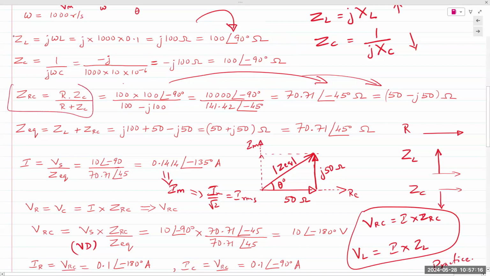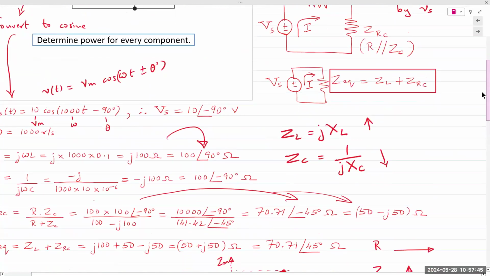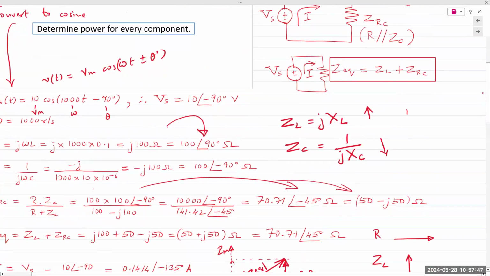Now ZRC, two components in parallel. So again, going back to chapter 2, two components in parallel, product of the two divided by the sum of the two. So R times ZC divided by R plus ZC. R is given as 100 ohms.